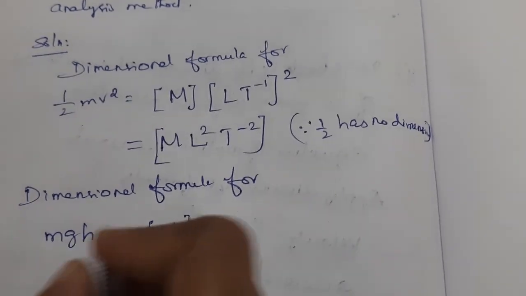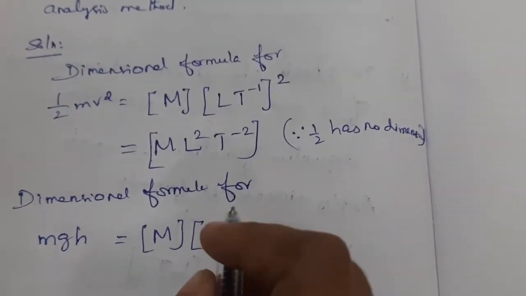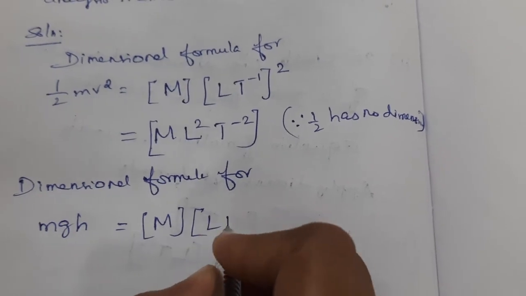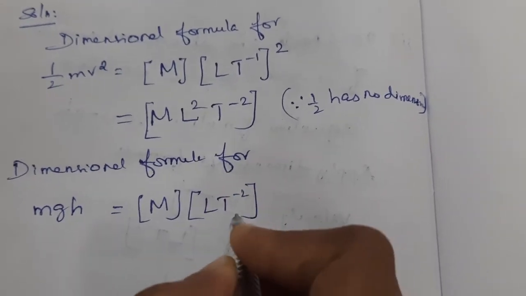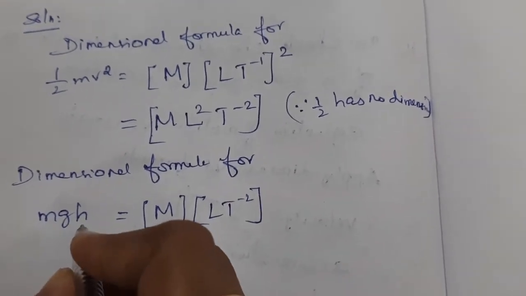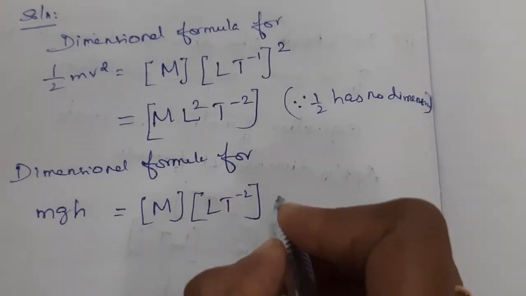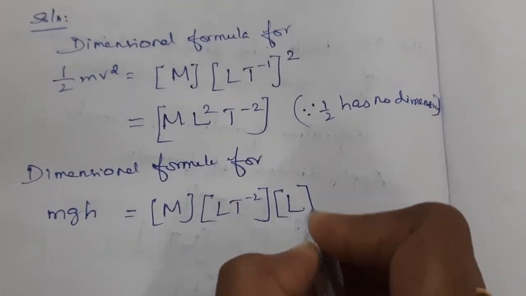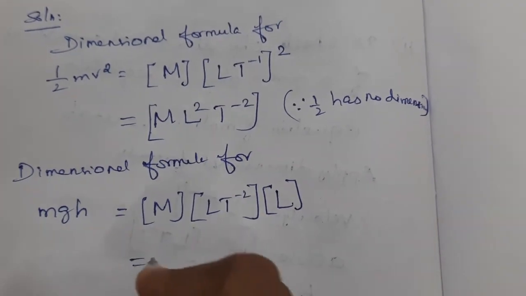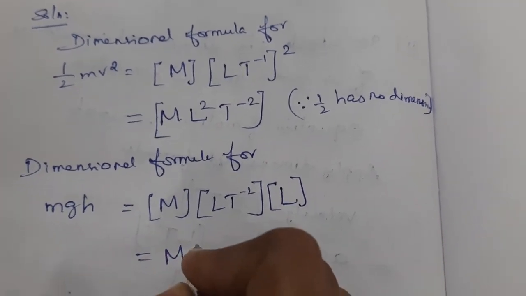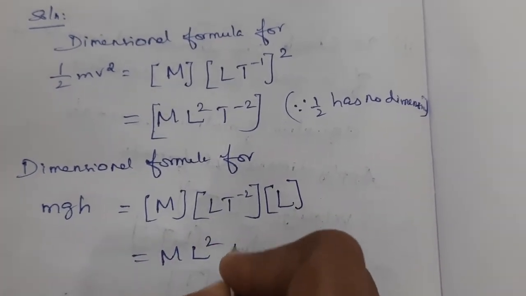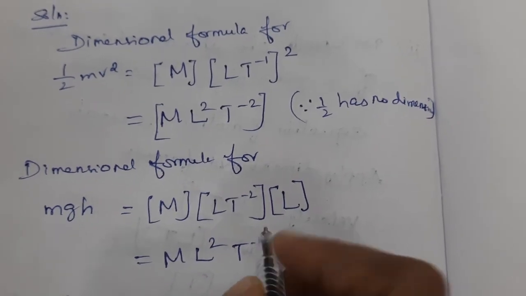So it is the acceleration dimensional formula. What is that? LT raised to minus 2. h, height, so nothing but the distance. So the dimensional formula is L. So how can we write? M L square T raised to minus 2.